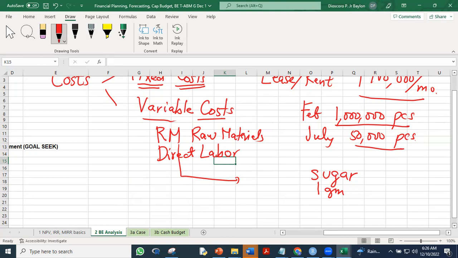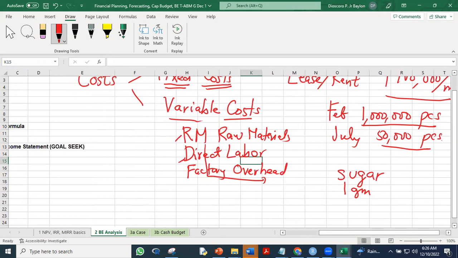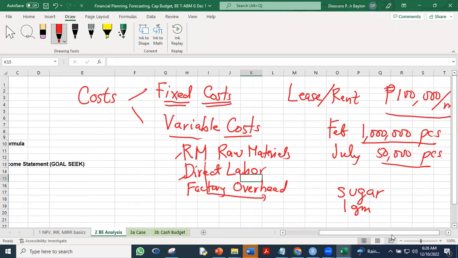And we can also have factory overhead. These are other costs that may not be classified as raw materials or direct labor, but are needed in the production. All right. So these are the differences between fixed cost and variable cost.